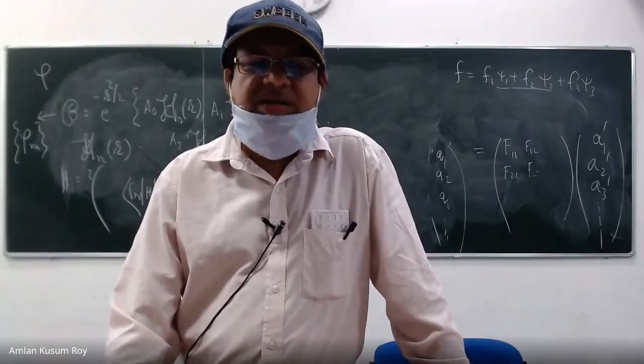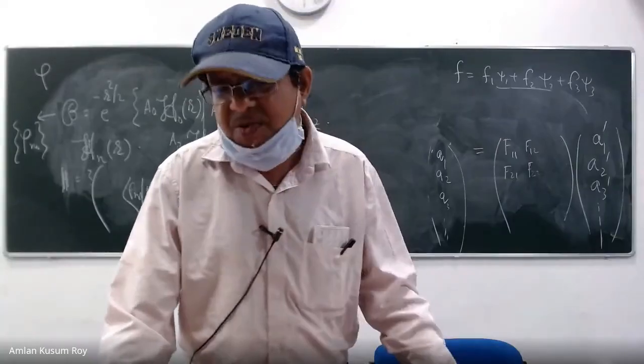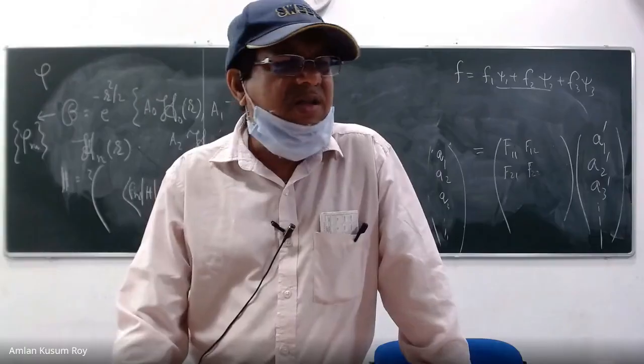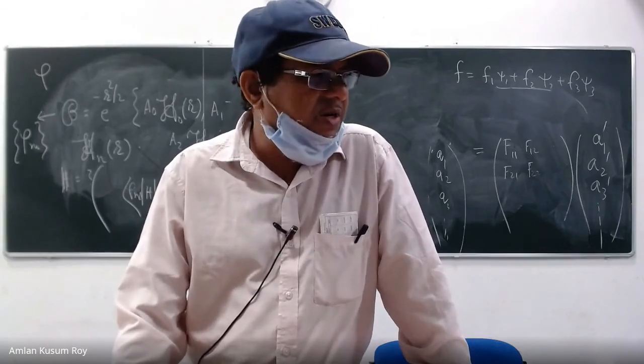Sir, is this matrix representation from Levine's book? Can you mention the book, please? Matrix representation, maybe Levine's book, I am sure it must be there, but you can read some other books. Levine may not be so clear.